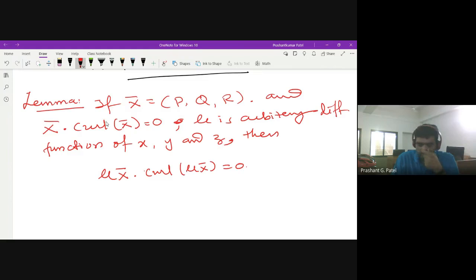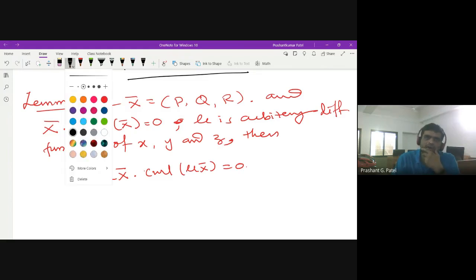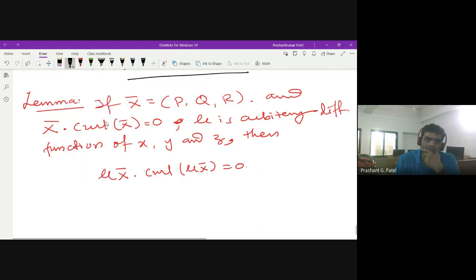So what this theorem or this lemma tells you is, if x bar is a vector of 3 variables, and if x bar dot curl of x bar is 0, and if you multiply that x bar with a mu, where mu is any differentiable function, then mu into x bar dot curl of mu into x bar is also 0.